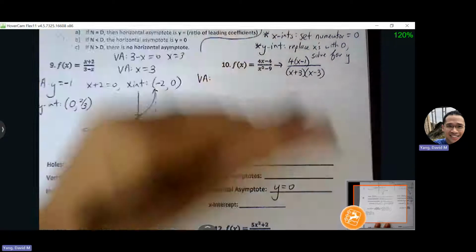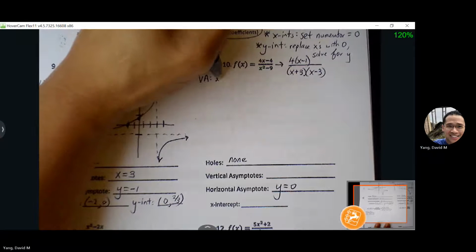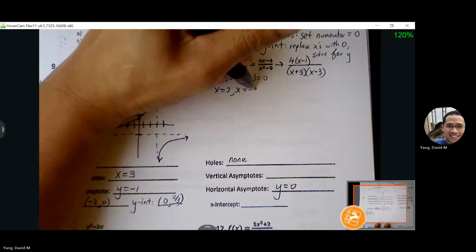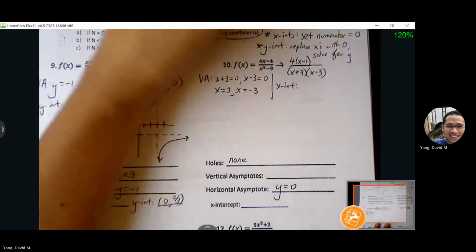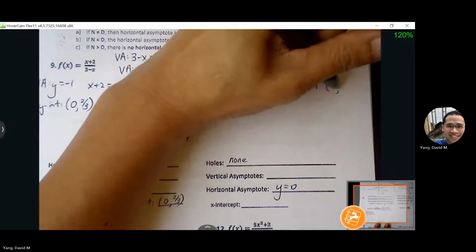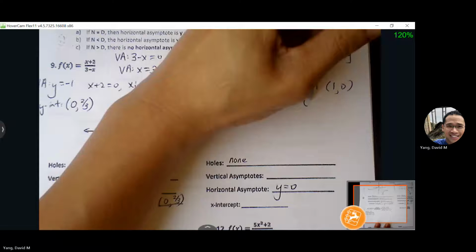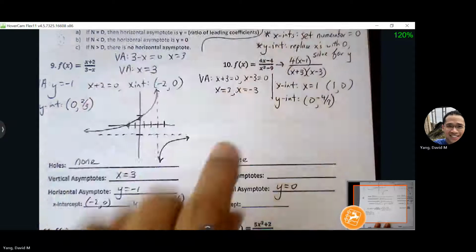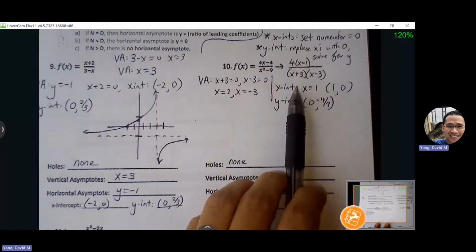Okay, let's see how much of this we can find as we work at the same time. For the x-intercept, set the numerator equal to 0, solve for x, I get 1.